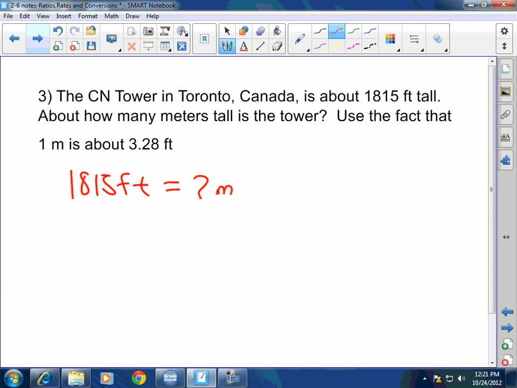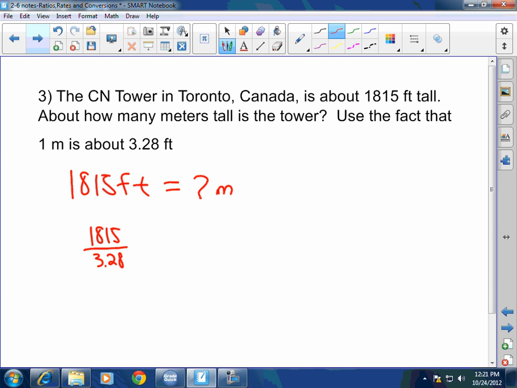So am I going large to small or small to large? Small to large, guys. Remember, if 1 meter is about 3.28 feet, that means that a meter is larger than 1 foot, right? So I'm going from small to large. When I go from small to large, do I multiply or divide? I divide. So I'm going to take 1815 and I'm going to divide it by 3.28.